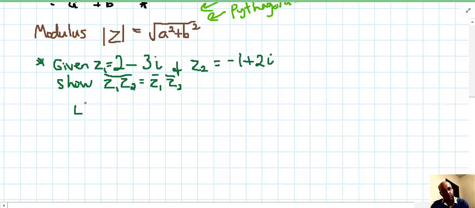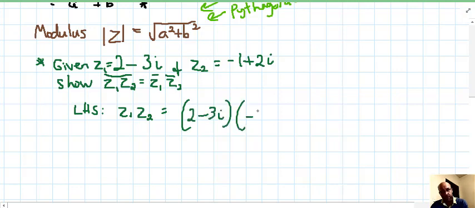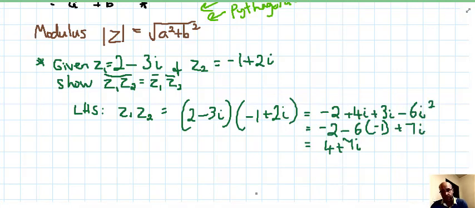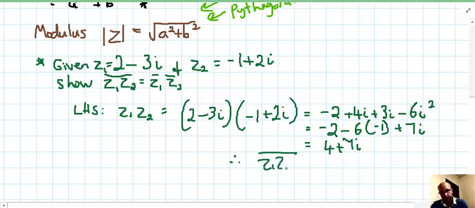Left hand side: we've got to do the product first. z1 z2 equals 2 minus 3i times -1 plus 2i. Going through all that, for z1 times z2 we get 4 plus 7i. Thus, the conjugate of that is 4 minus 7i.